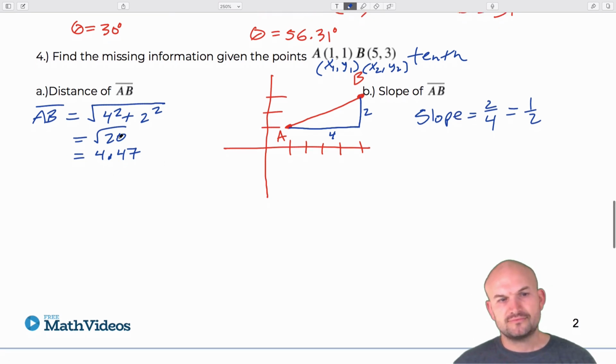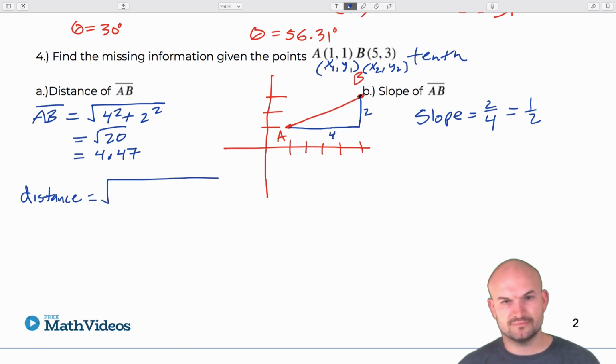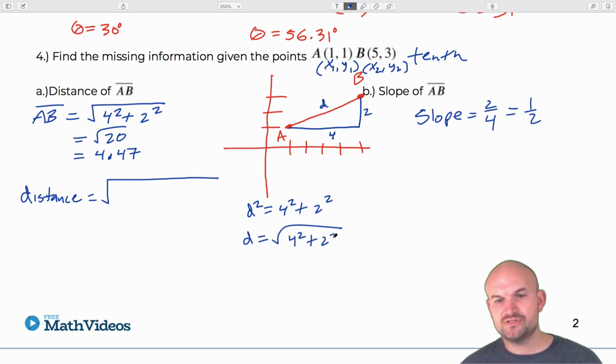So it's important to remember that the distance formula between any 2 points is d equals the square root of, because really it's d squared equals 4 squared plus 2 squared, and that's why I got d equals the square root of 4 squared plus 2 squared.